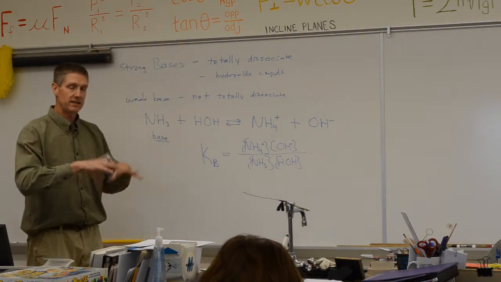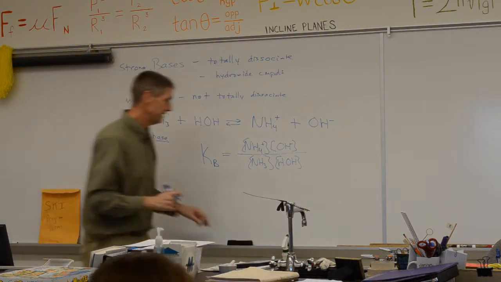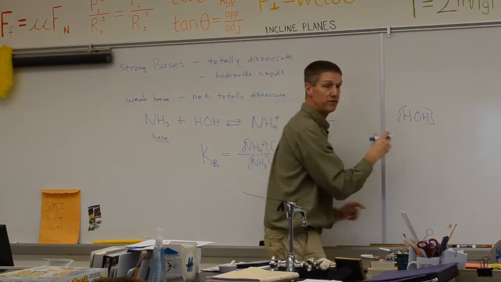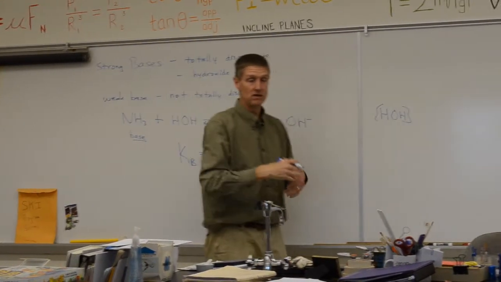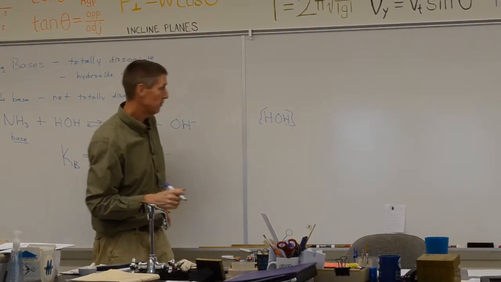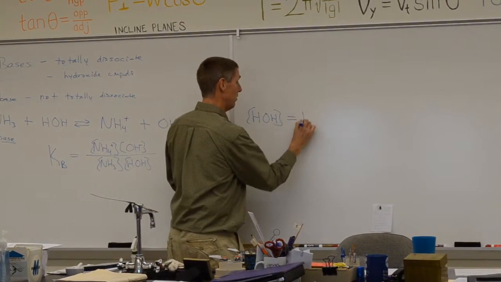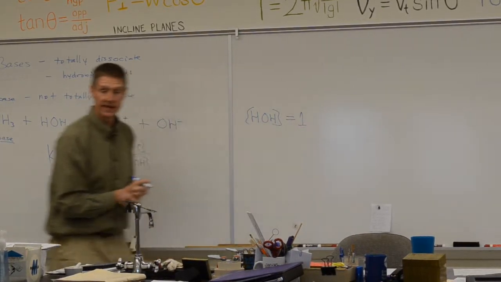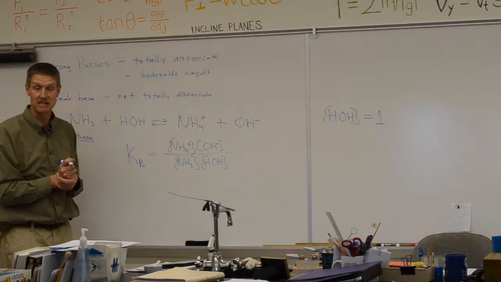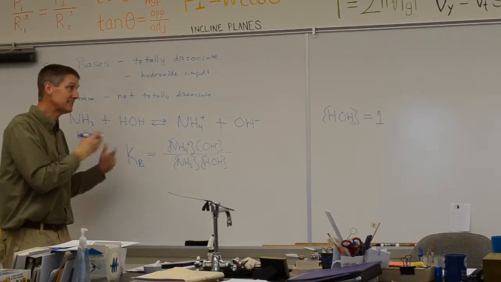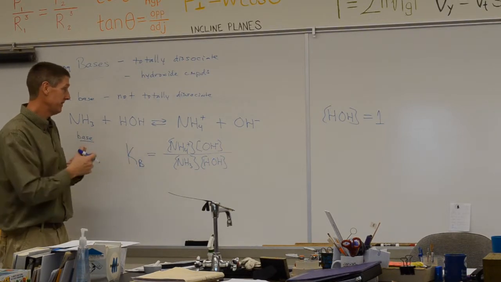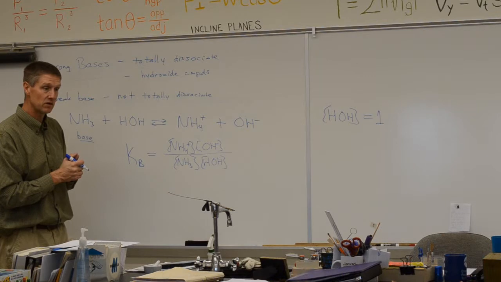So the consensus is that any time we see this, and this would have to be for water, because we could have other situations with other types of reactions, in our dissociation we're going to put in the value 1 for that number. Of course, when we multiply and divide by 1, that basically eliminates it. It has to be there in the equation to understand what's going on, but in the calculation, it's not going to exist.